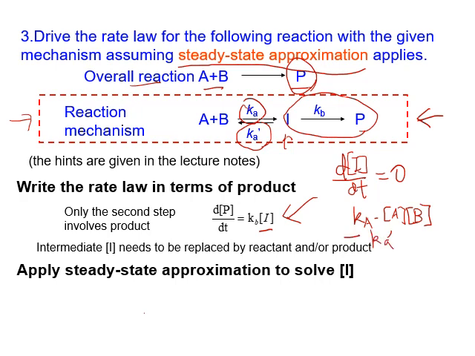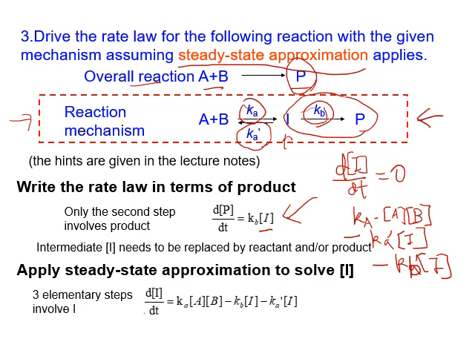The reactant in this process is I for the reverse reaction. And the second step to produce P also consumes I, so it's minus Kb times I. Okay, so that's the second step.